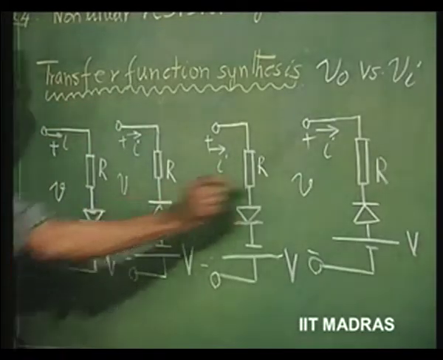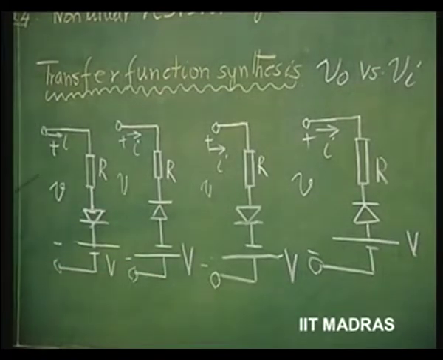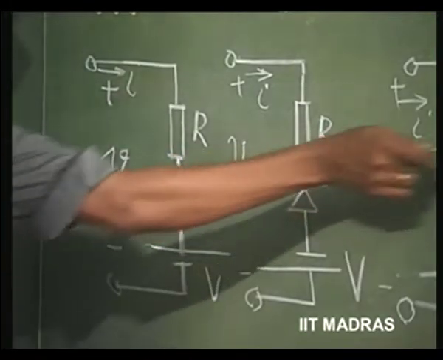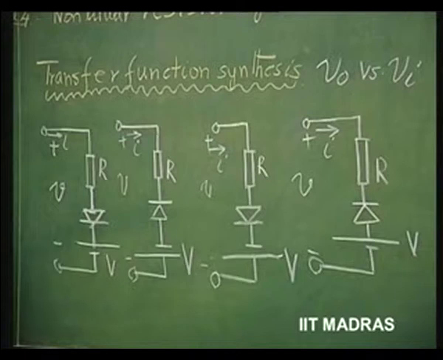These are the four possible combinations of using a resistor in series with the diode and a battery. These four combinations are the only possible ones for the synthesis problem. Let us try to understand each of these blocks.